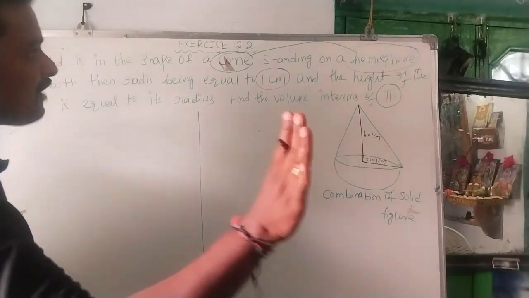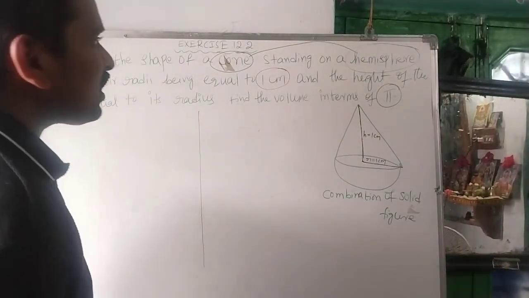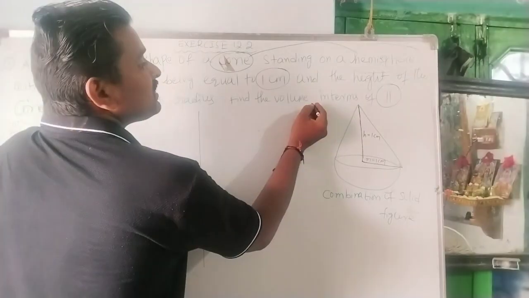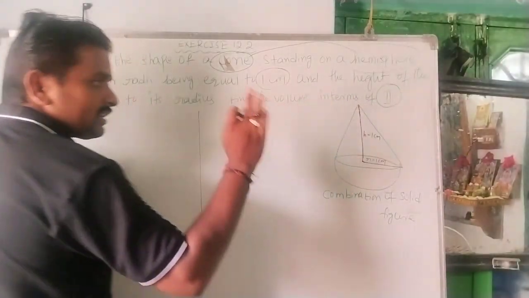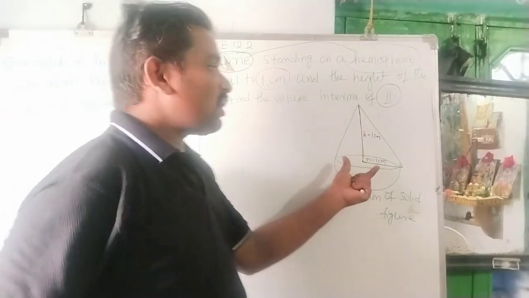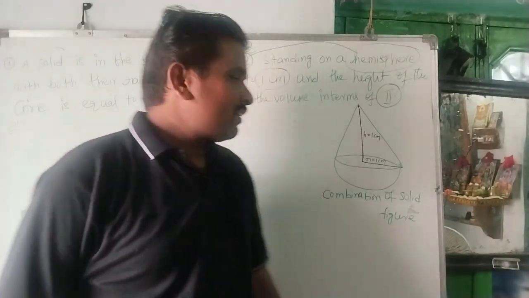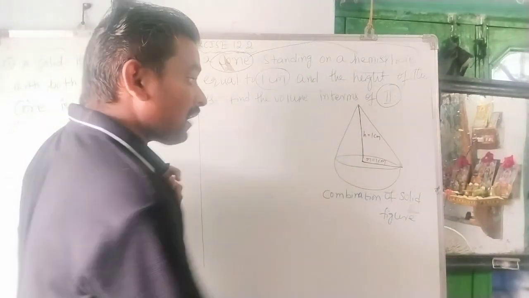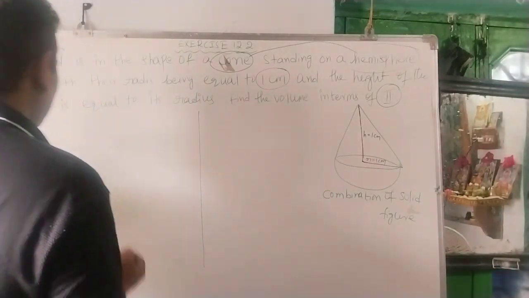So what do we have to find here? Find the volume of the solid in terms of pi. So we have to find the volume of this solid. Very simple. If we want to find the volume of the given solid, we have to find the volumes of two figures.